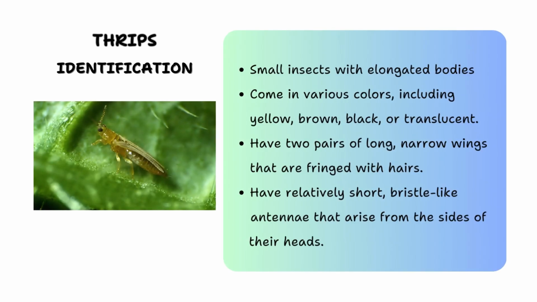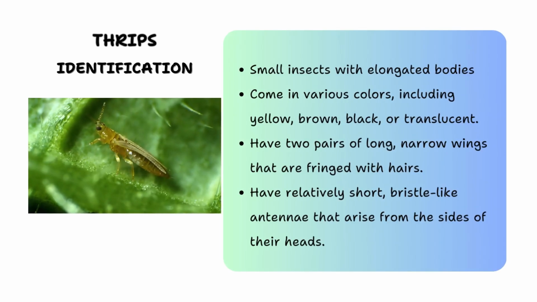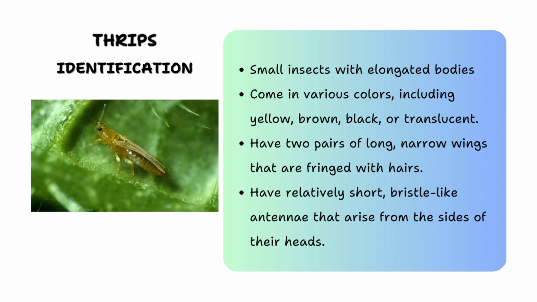In terms of identification, thrips are tiny, slender insects, making them difficult to see without magnification. They have long, narrow wings that are fringed with hairs, and they come in various colors from yellow to brown or black. They feed on plants by puncturing the tissue and sucking out the contents, causing damage such as silvering or bronzing of leaves, stippling, distorted growth, or scarred fruits.